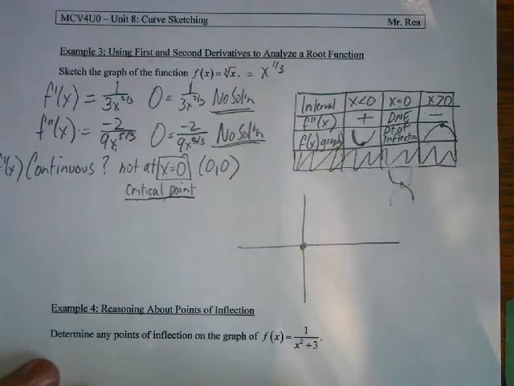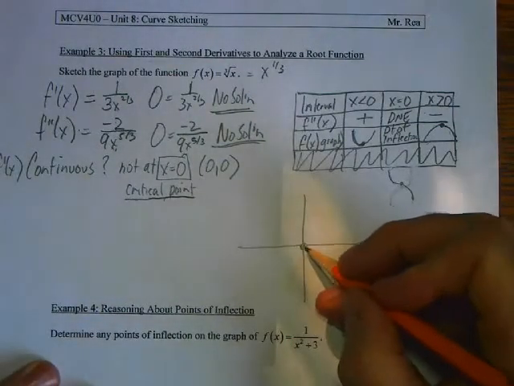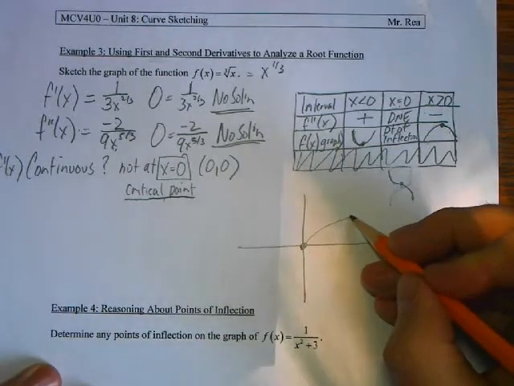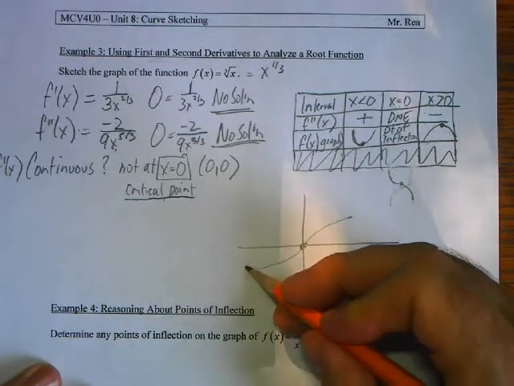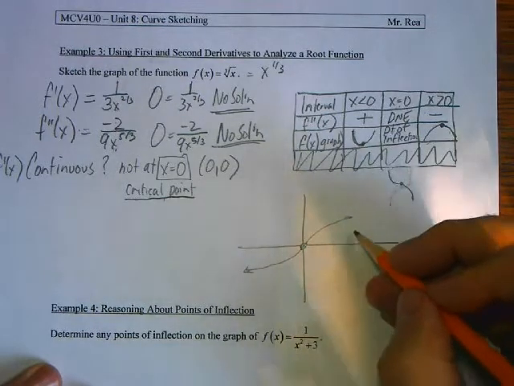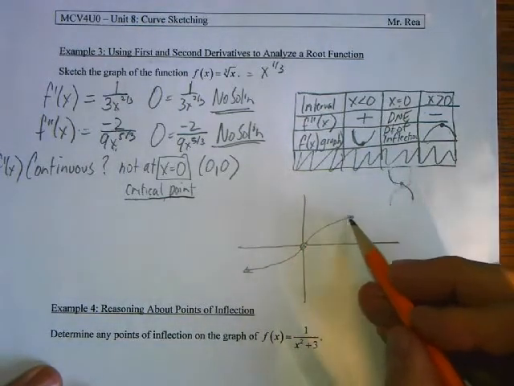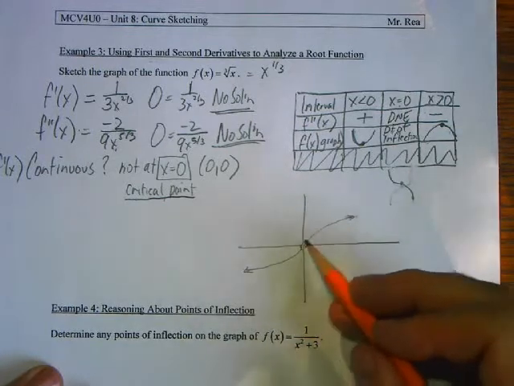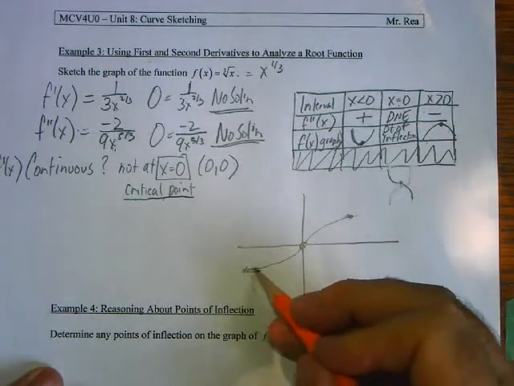Now this one's a hard one to draw for sure, but with the cube root, we're changing from this to this. And you can see this side is concave up, even though it kind of looks almost sideways compared to what we're used to. This would be concave down.